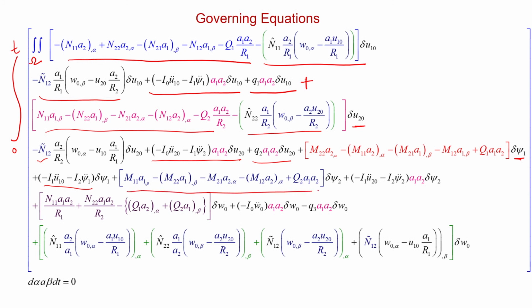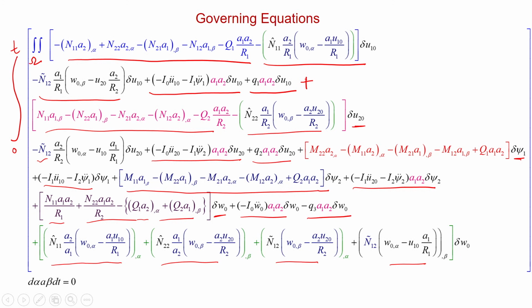And then this is the coefficient of del psi 2 and the contribution of kinetic energy, and these are the coefficients of del w0, that is q1a2 and q2a1, and kinetic energy and external work done, plus these have a non-linear contribution.